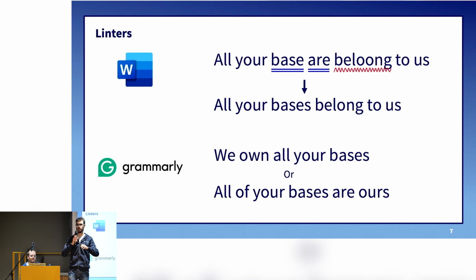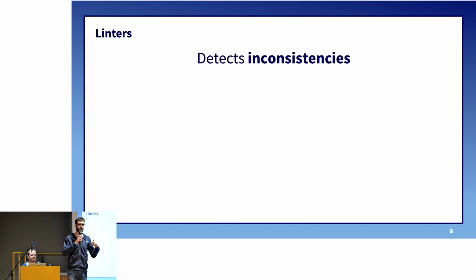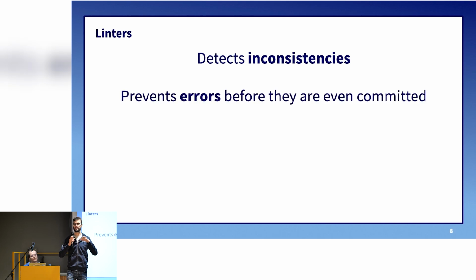Following this analogy, if now you are not trying to write an English sentence but source code, Word will be the compiler and Grammarly will be the linter. So it's a literary analogy, but maybe now you can start to understand what a linter could be. In a few words, linters help you to detect inconsistencies and prevent errors even before they are committed.